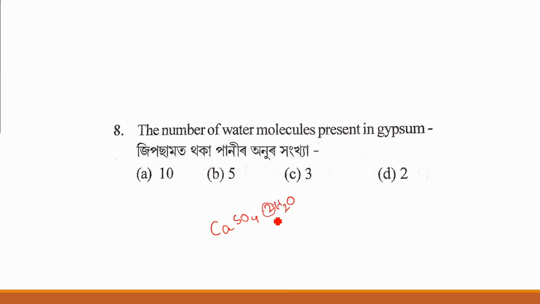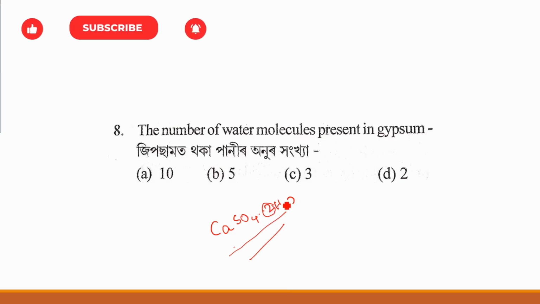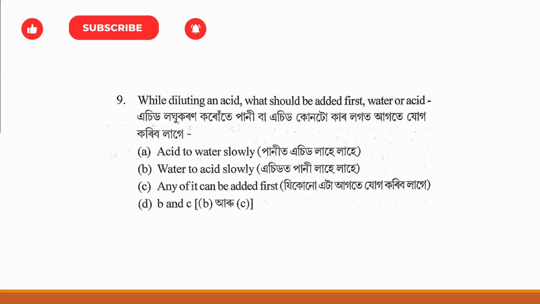Gypsum is a soft sulfate mineral that is mined and used in many applications. So the water molecules present are 2. The answer will be 2. Let us proceed with the next question, dear students.